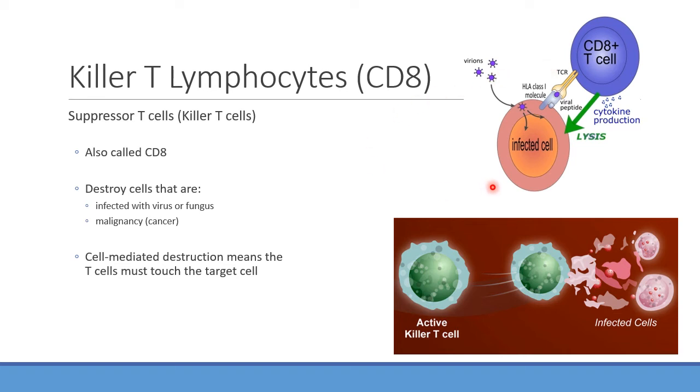So for instance, if you had a cell that was infected with, say, a virus or a fungus, or maybe potentially a malignant cell, a cancerous cell that is presenting some sort of receptor or protein that the CD8 cell can bind to, it can detect that and say, hey, this is going to be targeted for destruction. We need to get rid of this. And so it can cause eventual cell lysis. It's not actually phagocytosis happening here. It's actually just causing eventual cell destruction, usually kicking off apoptosis and things like that to cause the cell to eventually die.